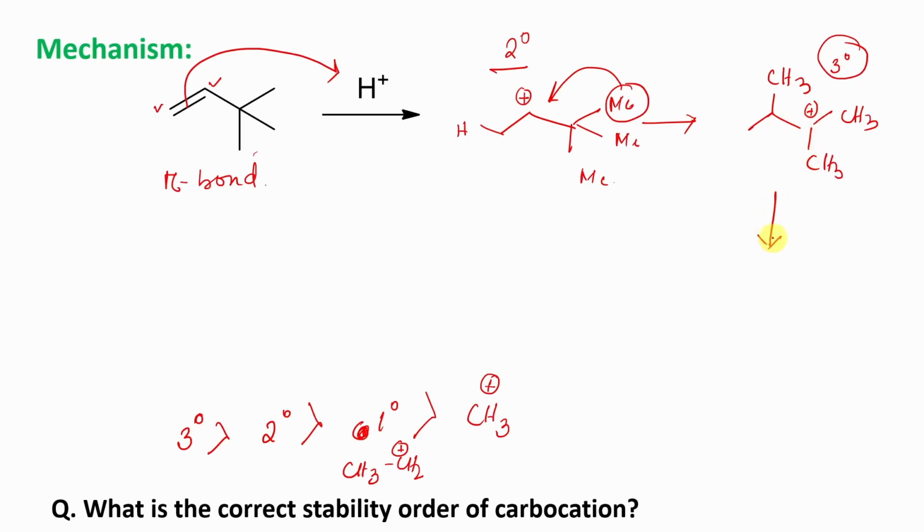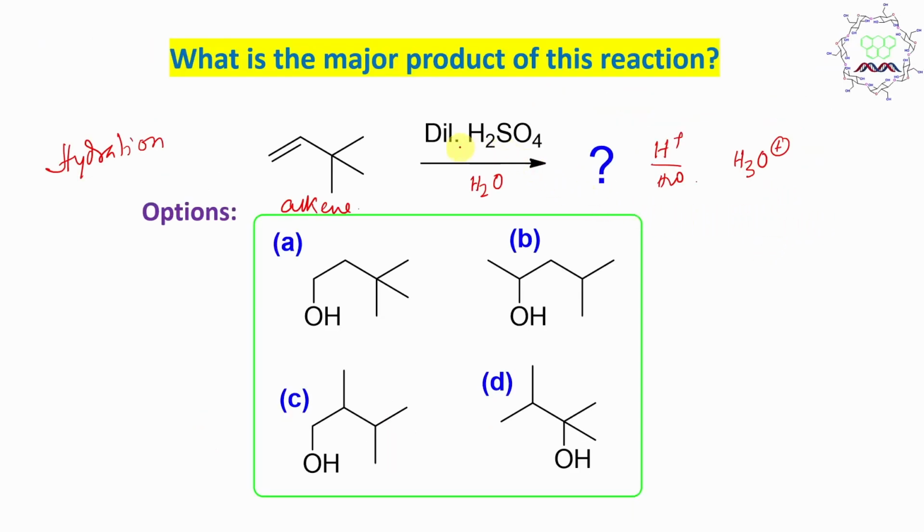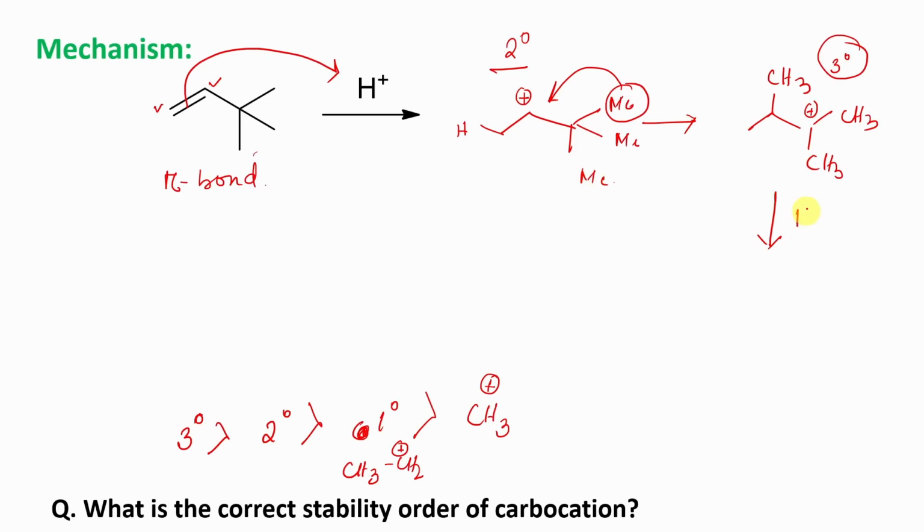In the next step, I have taken dilute acid, which means water is there in the reaction medium. So in this case water will act as a nucleophile. I know it's a weaker nucleophile, but still there is a positive charge, so it will attack here, and ultimately it will produce CH3.